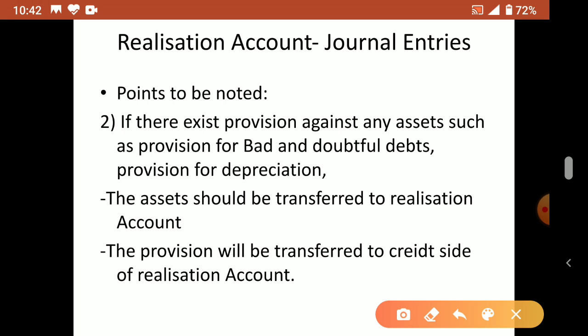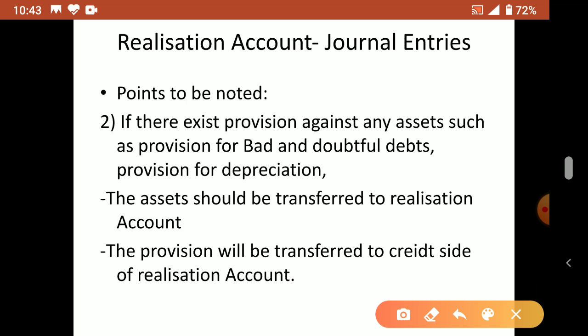Yes, you know, some provisions we create against assets. So provision against asset means we are taking extra precautions to avoid a loss to that asset. It is like we are protecting that asset. That is what provision against one asset means.